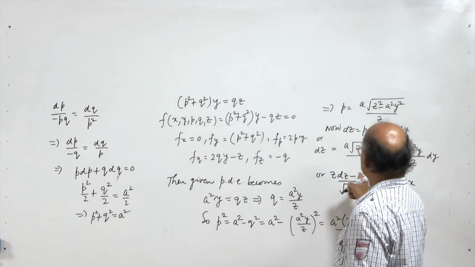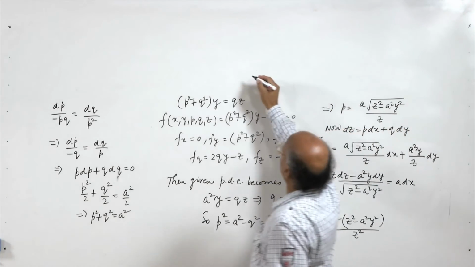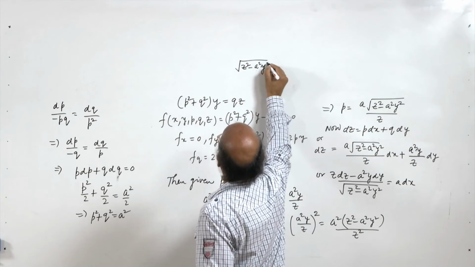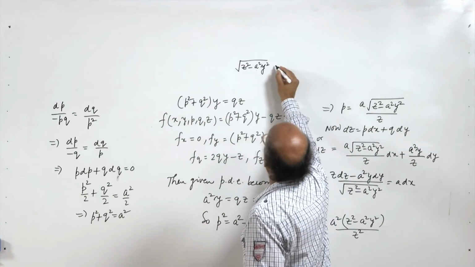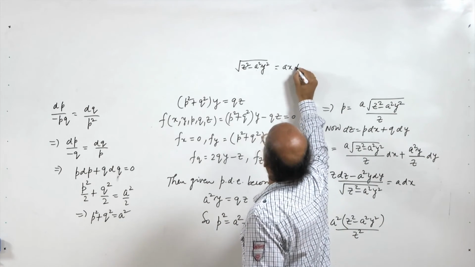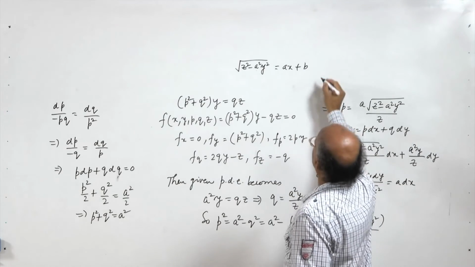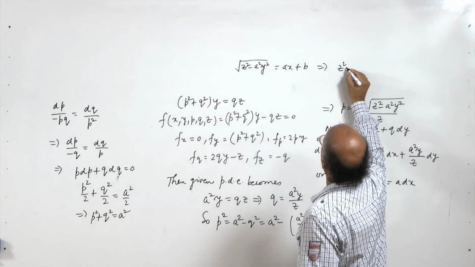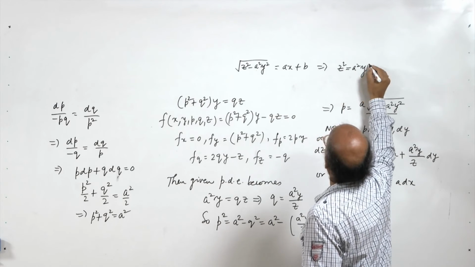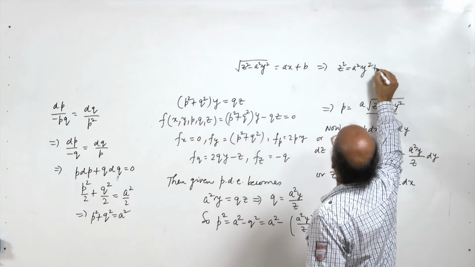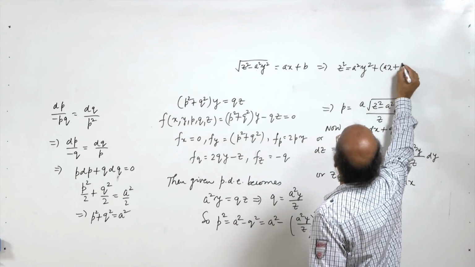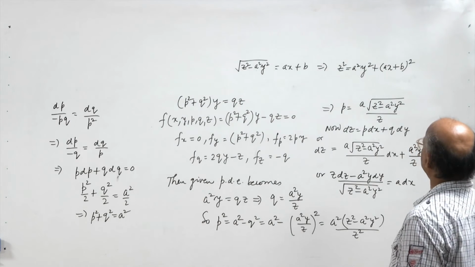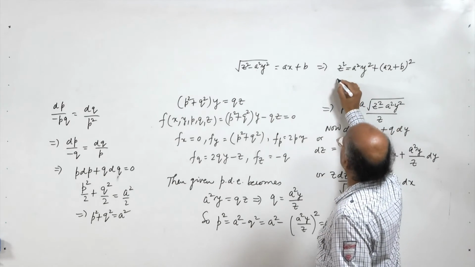So integrating this we get under root (z square minus a square y square) equal to ax plus some constant b, which implies that z square equal to a square y square plus (ax plus b) whole square, which involves two arbitrary constants a and b, and so it is the complete integral.